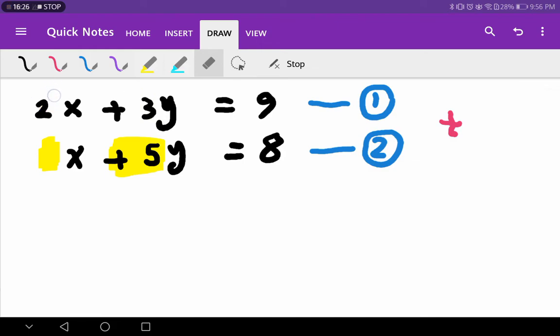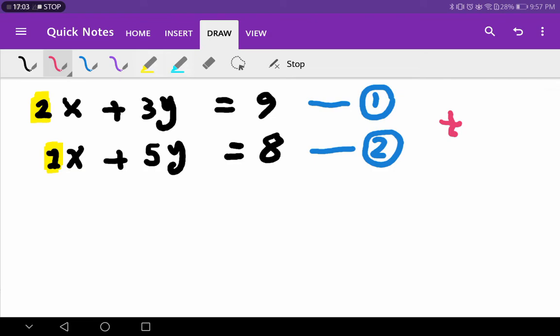I have to do something to one equation to unify the coefficient for x or y. So check here, I have 2 here and 1 here. Can I make the small number like the big number? Yes. By what? By multiplication, not addition. Multiply by 2.